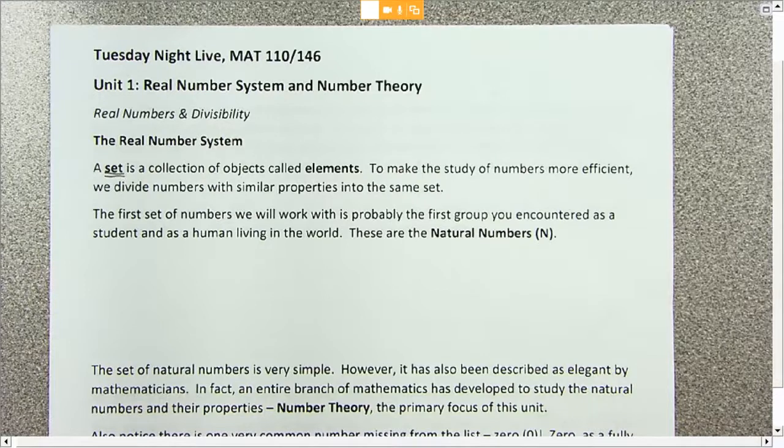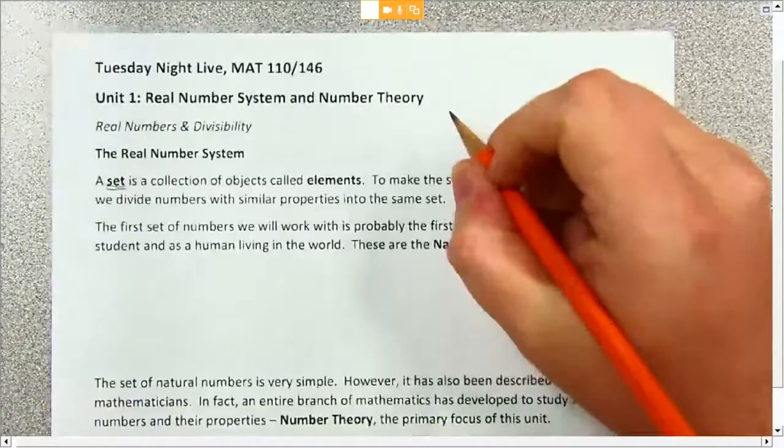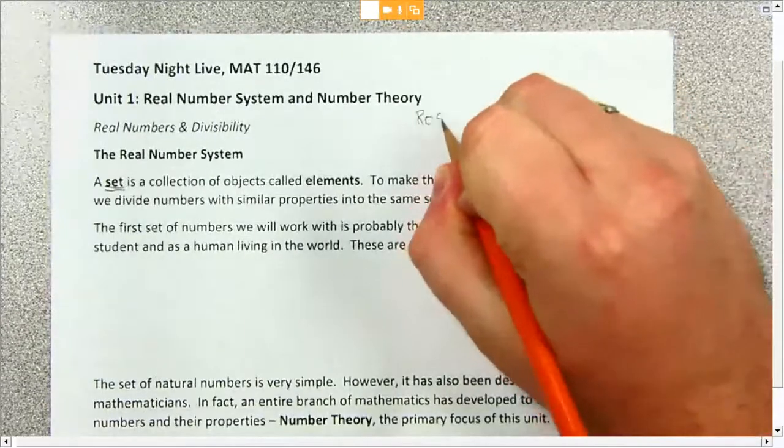So we are all the Tuesday Night Live math set, and we're elements in that set, right? So this classroom and all of our remote students are the Tuesday Night Live math set, and we are all elements in that set. Usually we represent sets using something called the roster method.